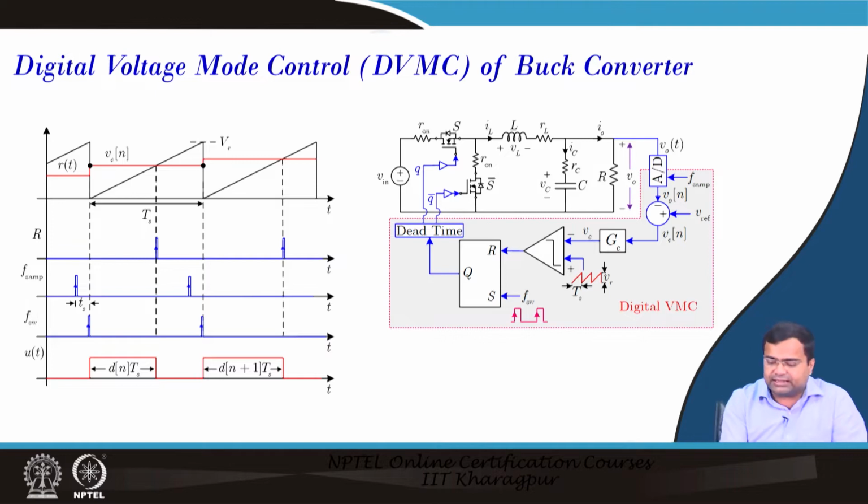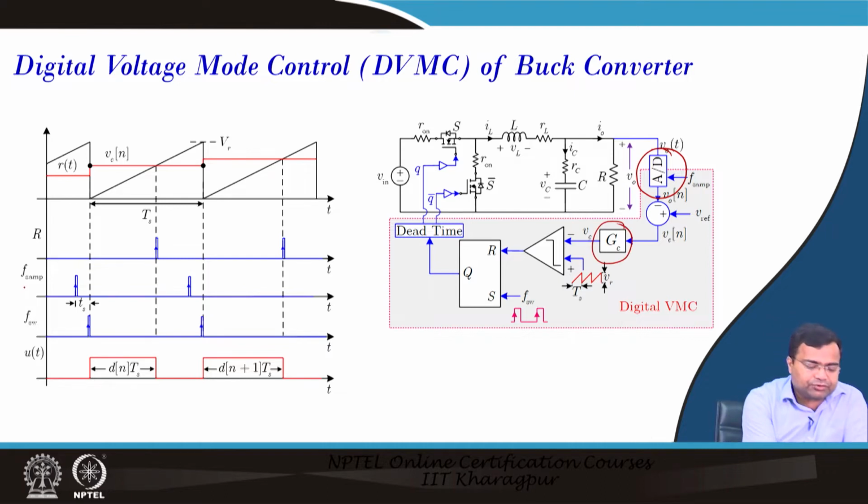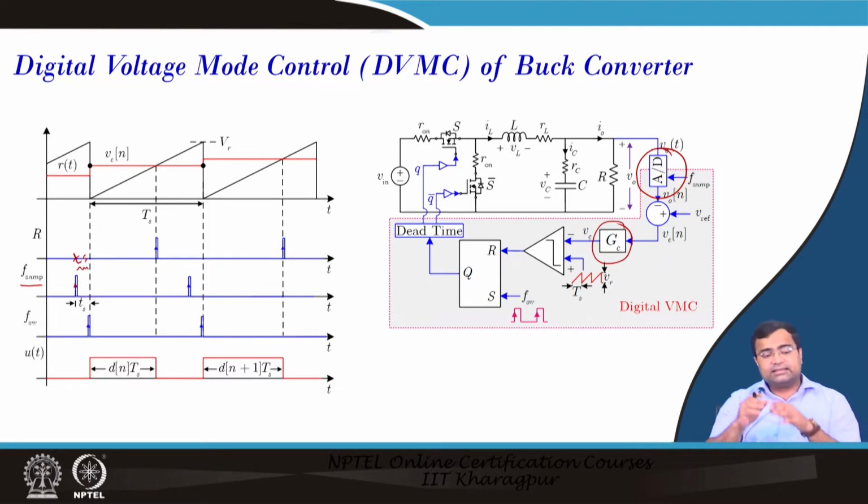Here you see that we have an A to D converter, then the digital controller. We know that there will be a delay because we are talking about a sampling clock, and generally the sample comes fast and we need to provide some delay. This delay, we say Ts, is used to accommodate the ADC conversion time and the controller computation time.